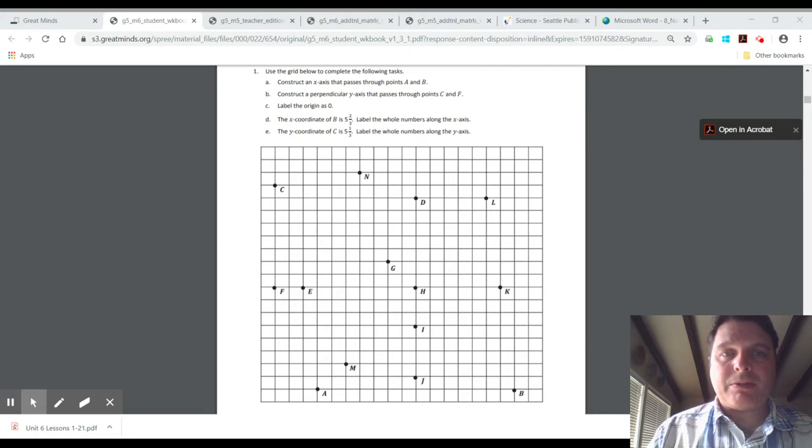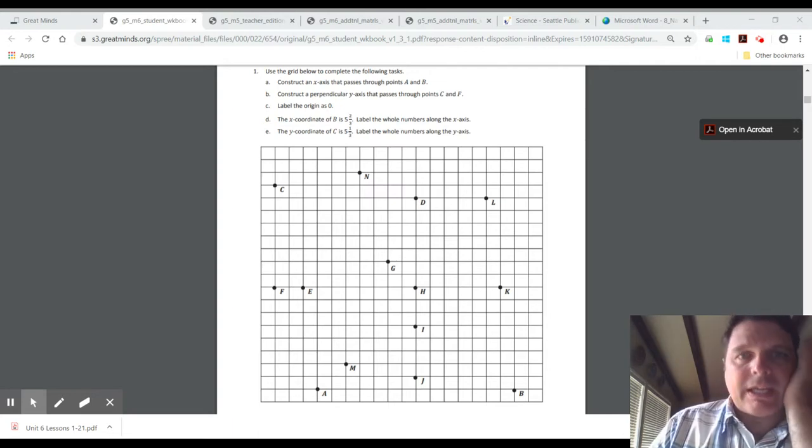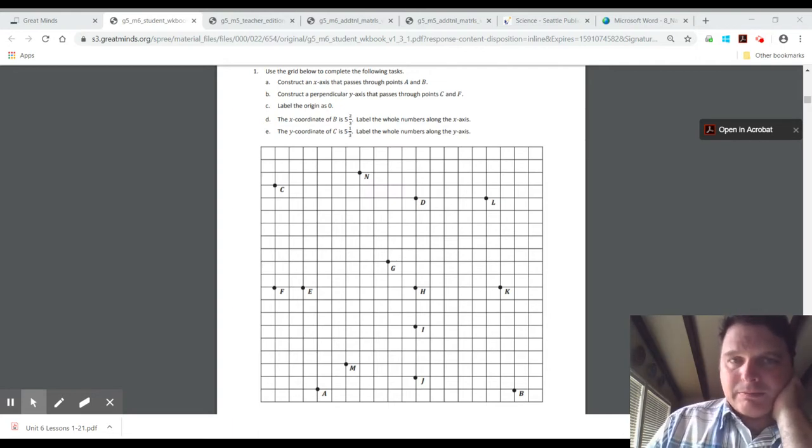For letter A, we're going to draw a line right to left through A and B. And then we're going to draw a line up and down through F and C on the left. Those are going to be your x and y axis. And we're going to label letter B 5 2/3 and letter C 5 1/3.